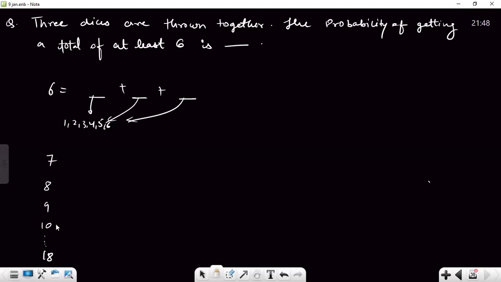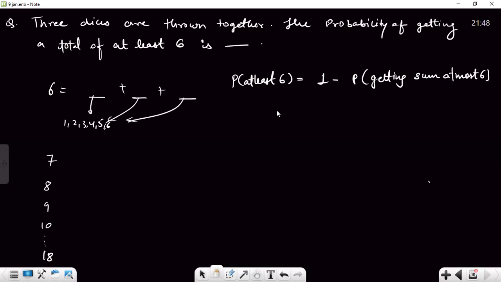So instead of finding the probability of getting at least 6, what we will do is find 1 minus the probability of getting the sum at most 6. Now we'll be able to find it easily.